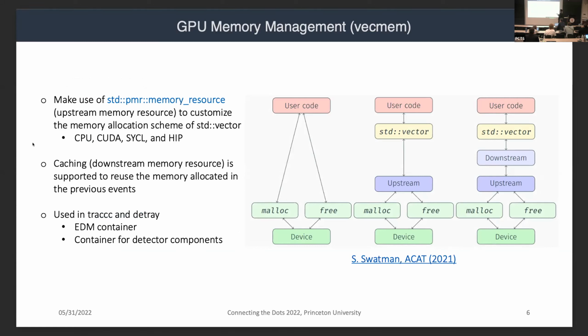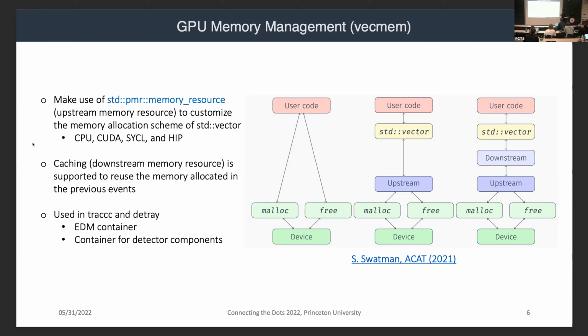You can customize the memory allocation scheme for the CPU, which is the original one, and we can also customize it for CUDA, SYCL and also the HIP API. In this plot, the left one is what we are using. It's just like a call to std::vector, and then the malloc and free calls for the constructor and destructor respectively. That's what we use in our usual C++ code.